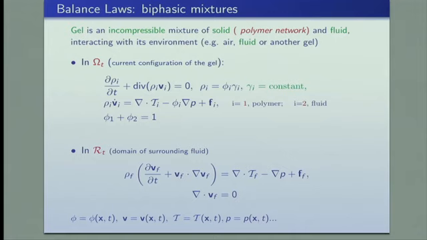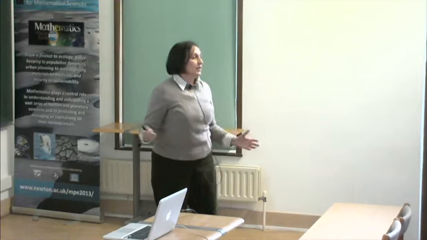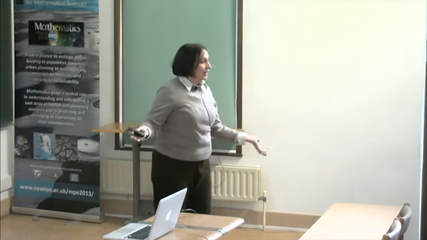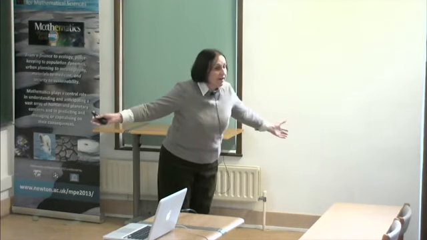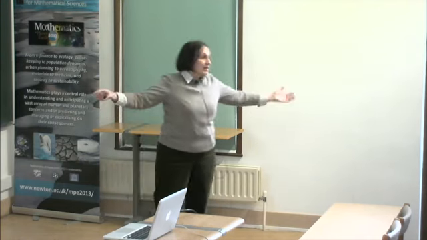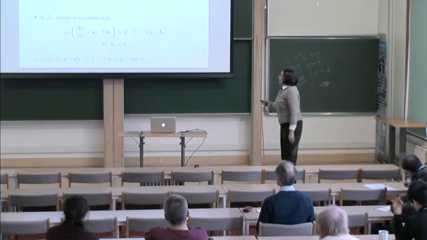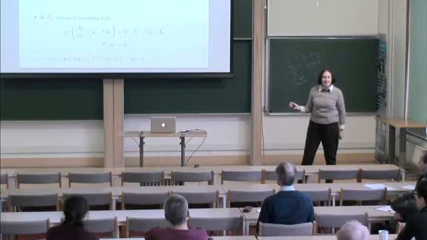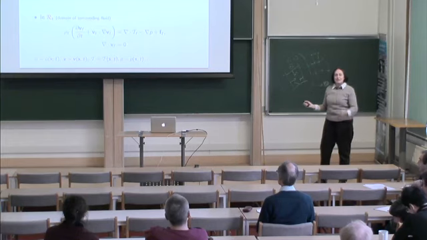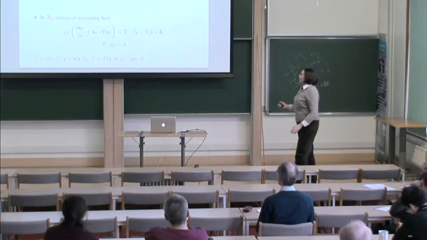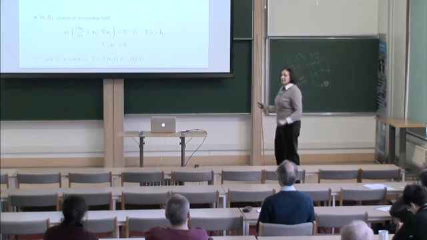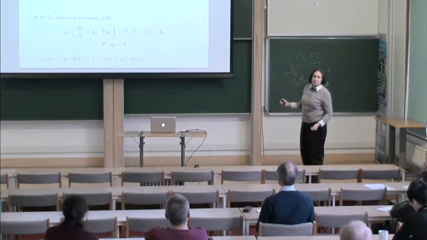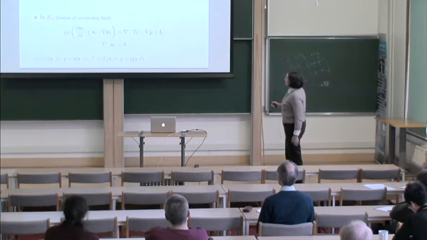So the mixture doesn't change volume locally, we'll see that in a moment, but on the other hand, that does not preclude the elastic material itself from having very large gradients of deformation. Of course, nobody forces us to make the assumption of incompressibility. People that apply this method, for example in geology, cannot make this assumption, but it seems quite reasonable for the kinds of materials I'm looking at.